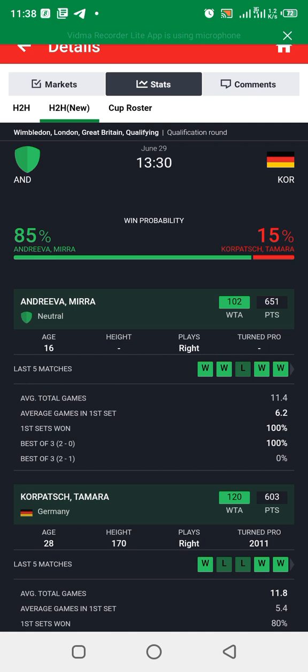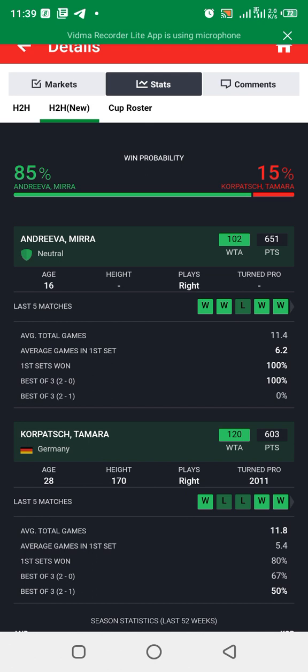And for Tamara, the total points is 11.8. So Tamara can play below this point in this match and can play above it. So let's assume we are removing 1 point from both of these two, and by removing 2 points, we are going to be having 20 points. Okay, now 20 points is our targeted point for predicting it.